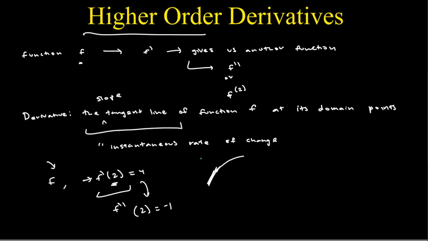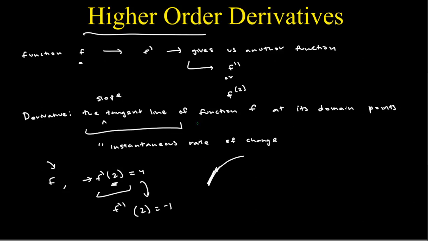So essentially, the higher order derivatives tell us more information about how the function behaves. Later on we'll see the applications of higher order derivatives with respect to concavity and how functions grow. But the high level picture is that it just tells us more information about how the function is and how its instantaneous rates of change are.